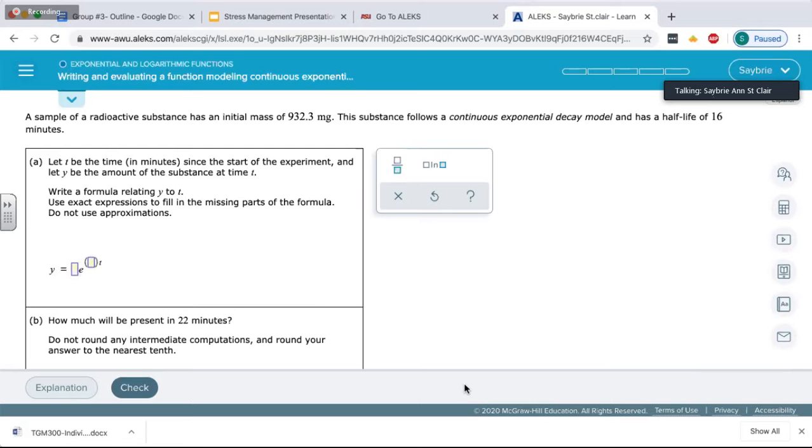So initial y is 932.3, half-life 16 minutes. That means y equals 0.5 times 932.3.